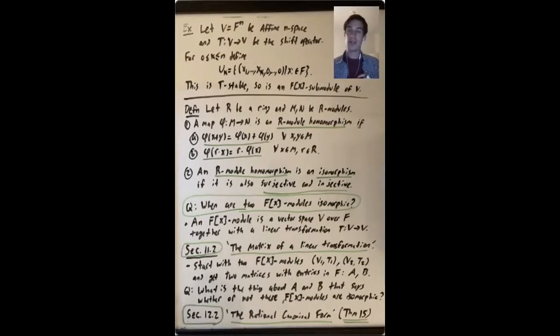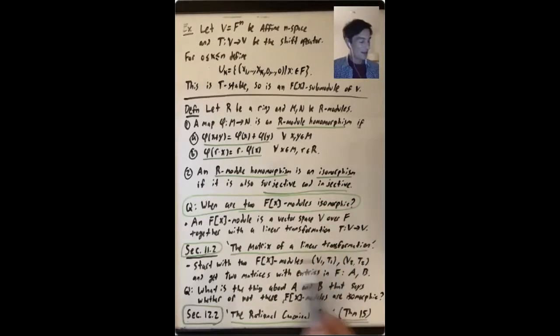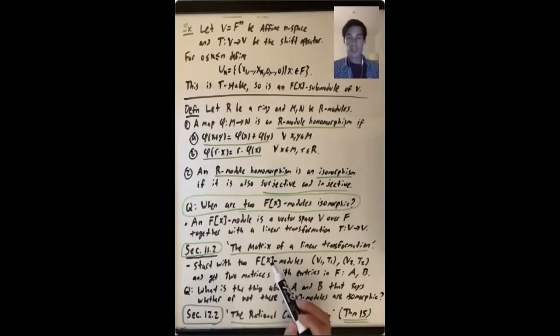So, okay, when you took linear algebra, this is probably something that you saw just for V being R^n for some n and F being the real numbers. All right, so what does that mean? How are we going to ask this question? Well, if you start with two F[x] modules, let's say V1, some vector space over F, together with this linear transformation T1 from V1 to itself, and then V2, some other vector space over F, together with this linear transformation T2 from V2 to itself.